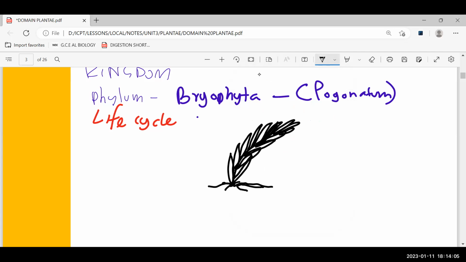Something like this can represent the typical structure of this bryophyte. So these are leaves.